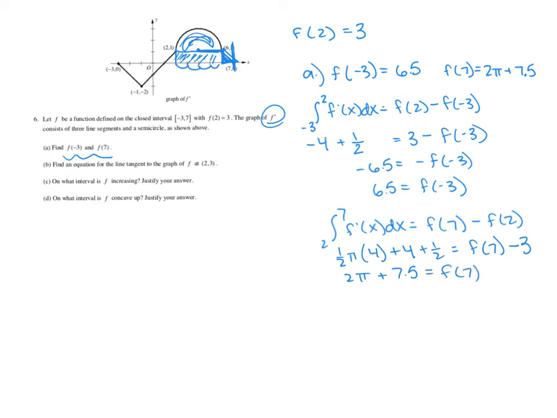Okay, so part B, we're looking for a tangent line. Remember, for a tangent line, you need a point and a slope. So we have the point is 2, 3. We do need the slope, which is going to be f prime of 2. We're looking at the graph of f prime.